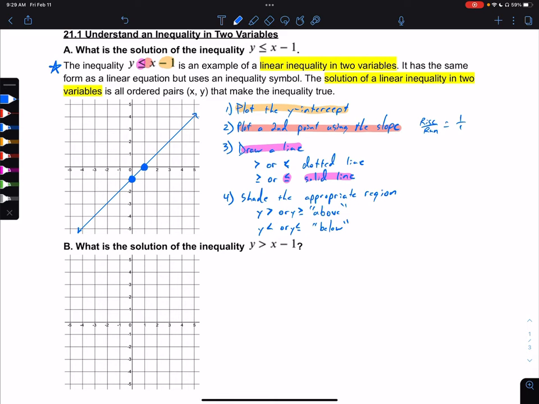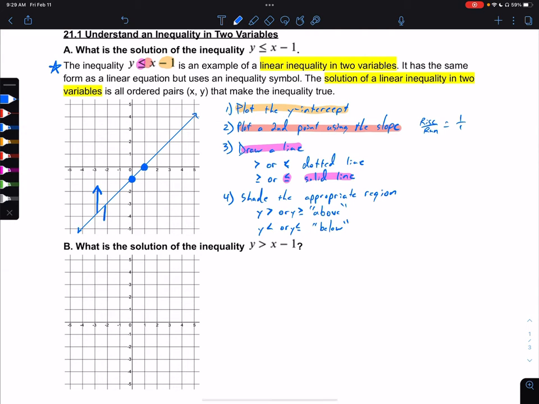If y is less than or less than or equal to, it would be below. What we mean by that is you look at your line and draw yourself an arrow. If I'm on this line and I draw an arrow going that way, that arrow is pointing up, so that's the region that's above.